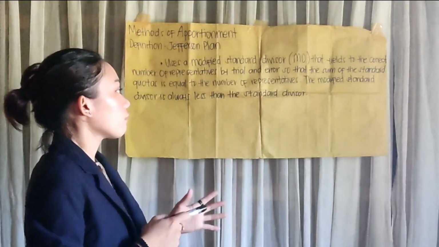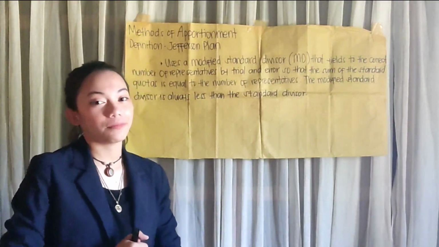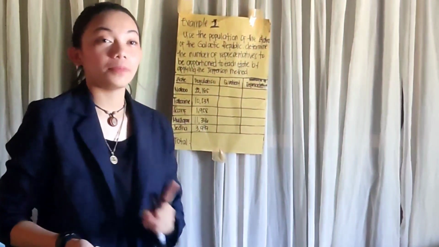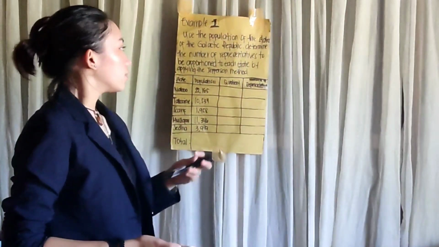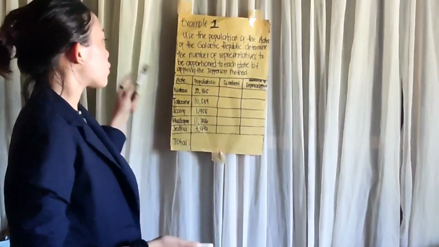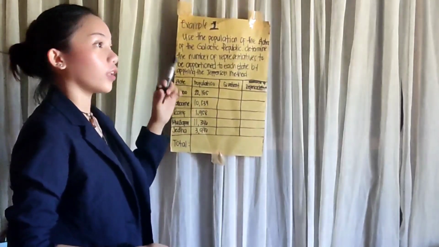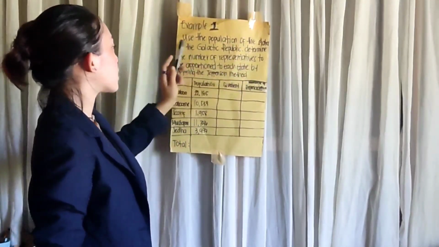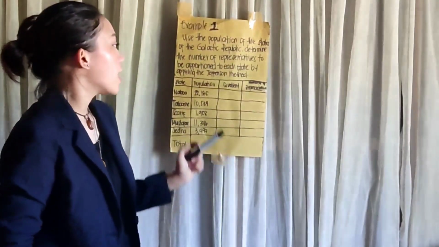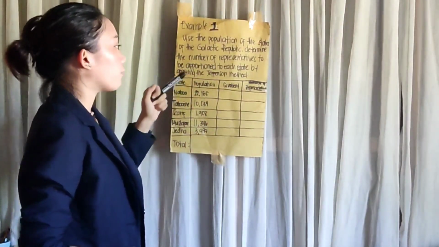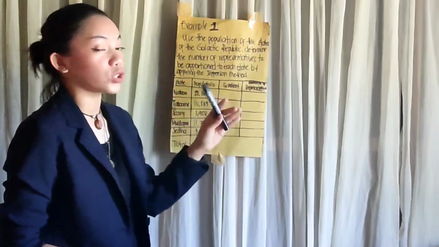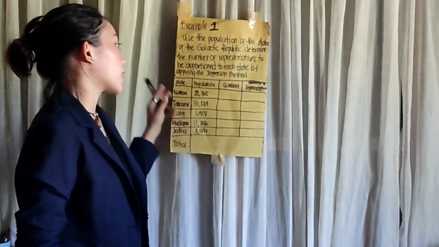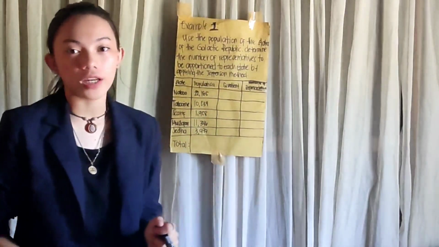So, let's proceed to example number 1. The problem is: use the population of the states of the Galactic Republic and determine the number of representatives to be apportioned to each state by applying the Jefferson method.